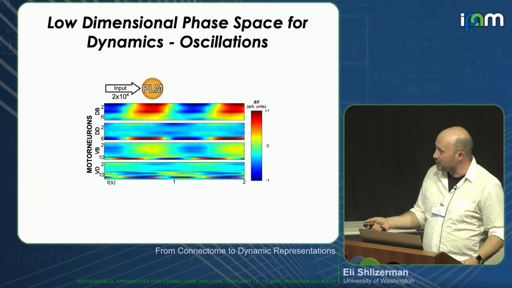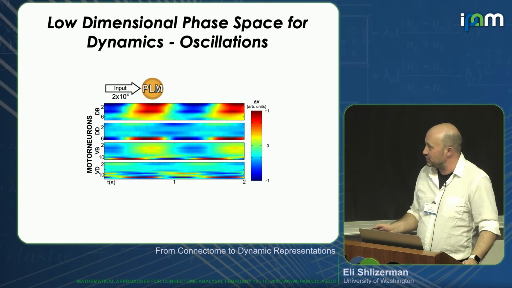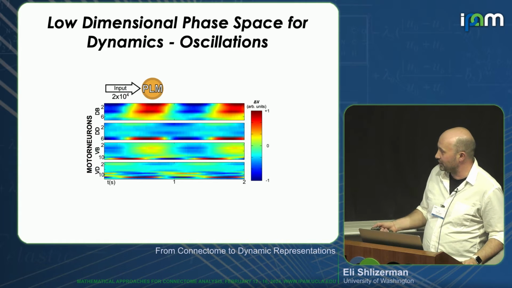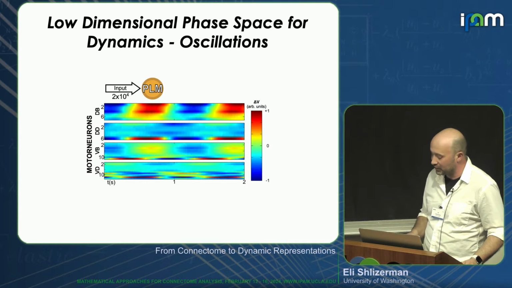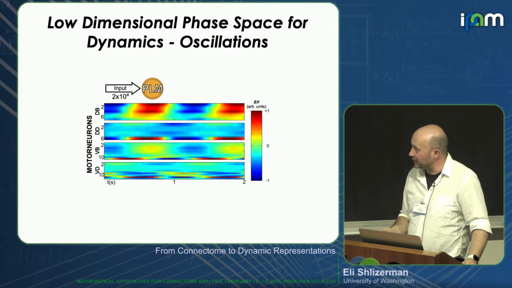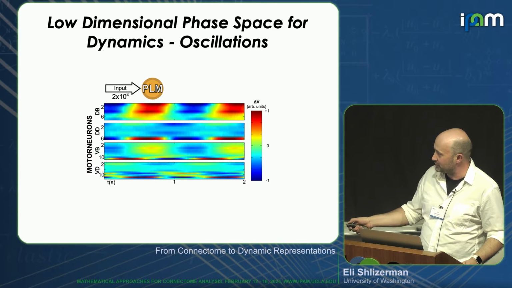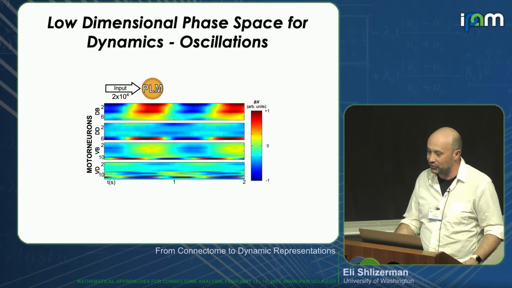So just for this example, I'll try to answer this question. When we look at particular groups of neurons, these are motor neurons, and we inject the current into PLM, which corresponds to forward movement, we would see those patterns forming also in motor neurons.